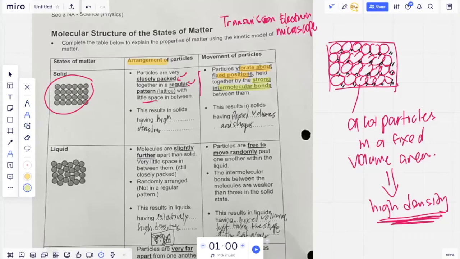So there is some attractive force in between the atoms in physics. We assume it like that. You see, there are some bonds in between, and these bonds are intermolecular bonds.